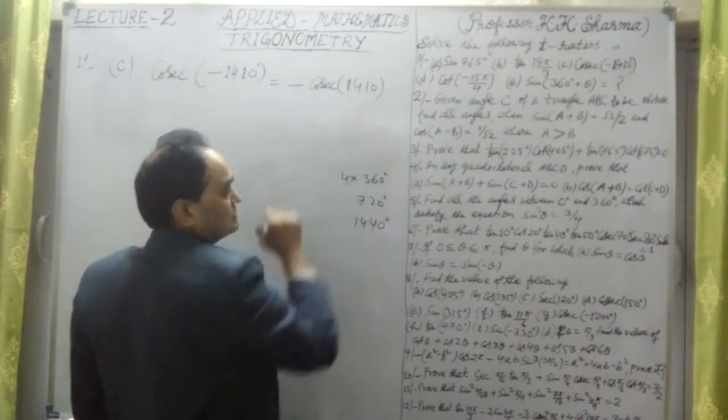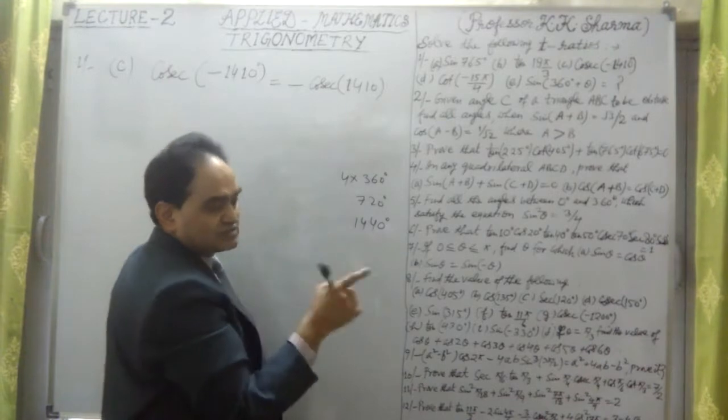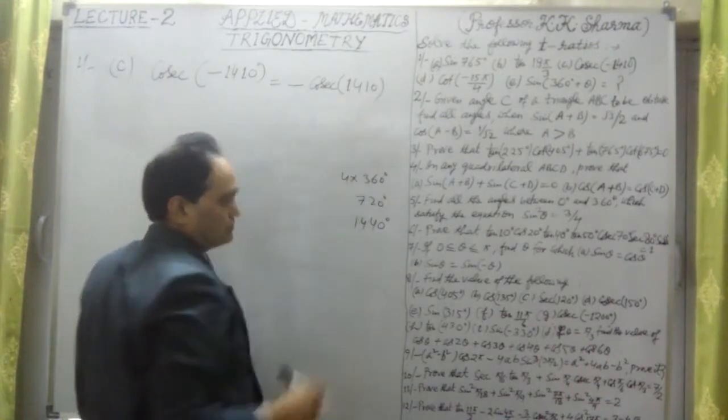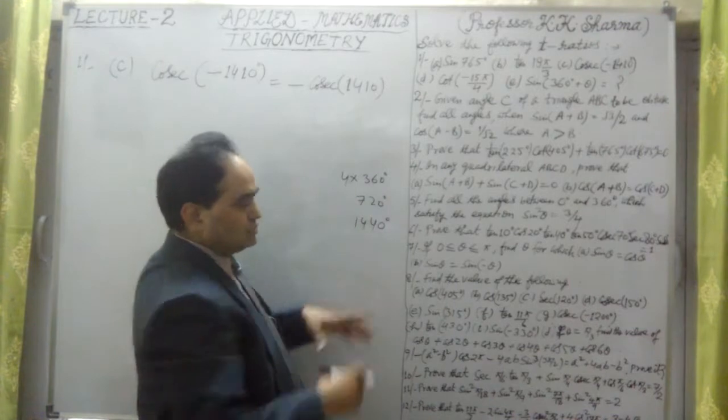But this is 1410. If I write it as 1440 minus 30, there is no change. So that can be written as 4 into 2 pi minus 30 degrees.